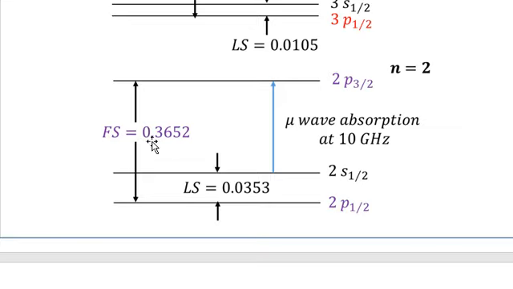So for the terms p3/2 and p1/2 having different values of j but the same value of L, because L is equal to 1 for both, the difference is called fine structure. And for the same value of j but different value of L, for example L=0 for the S state and L=1 for the P state, it is the Lamb shift. And these values are shown in centimeter inverse.